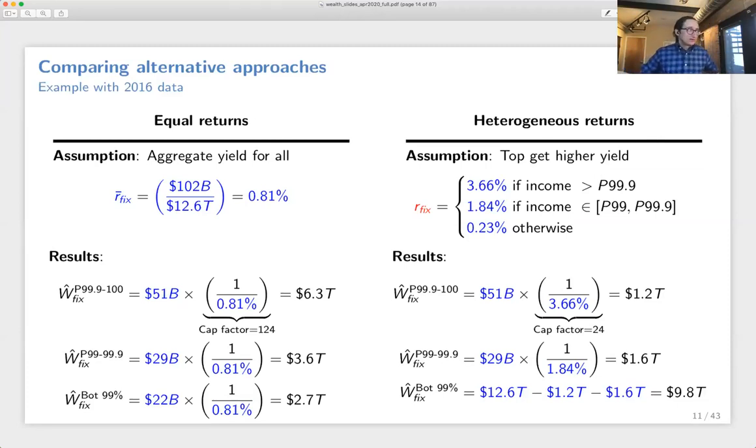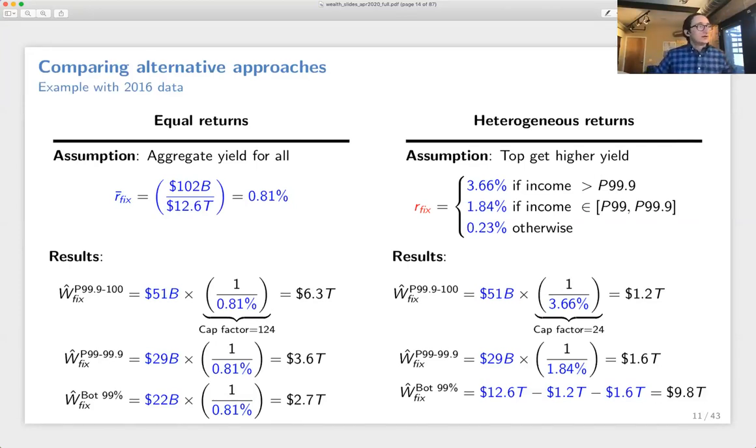So that means that for every dollar of fixed income flows we observe, we're going to assume the person has $124 of fixed income wealth. Okay, and that's going to be true for the top 0.1, who has $51 billion of fixed income flows. They're going to have $6.3 trillion of wealth, or about half of the total. The next group's going to have 3.6. The next, and the bottom 99 is going to have 2.7.